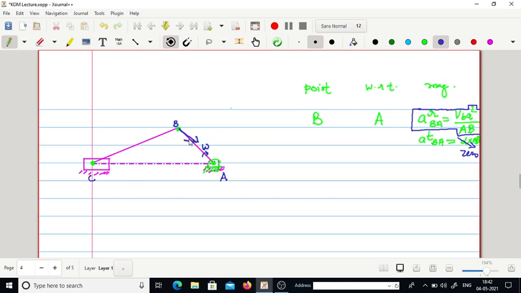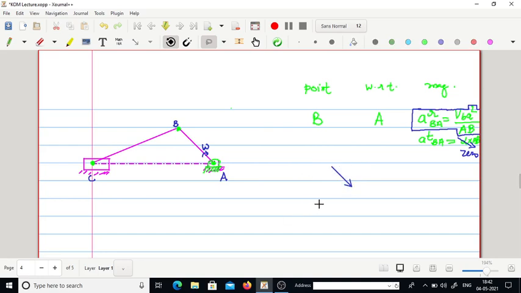So we will lift this vector, this will be the possible direction, and we will lift this vector from here in order to draw the acceleration diagram. Let me take this vector, we will draw it for example like this.